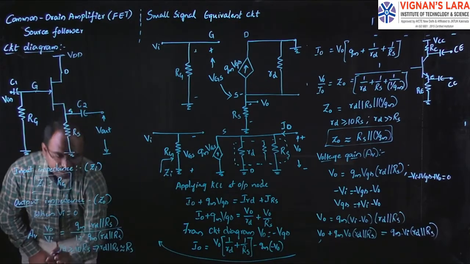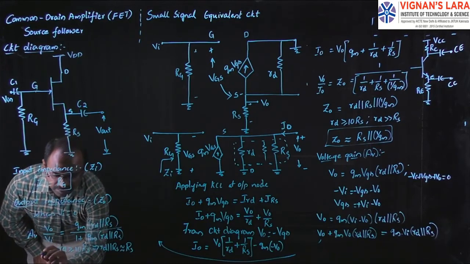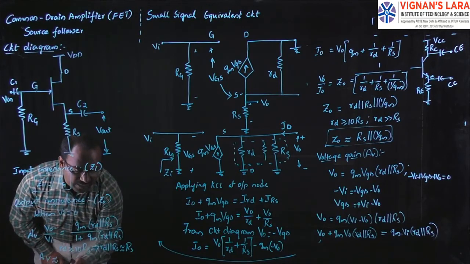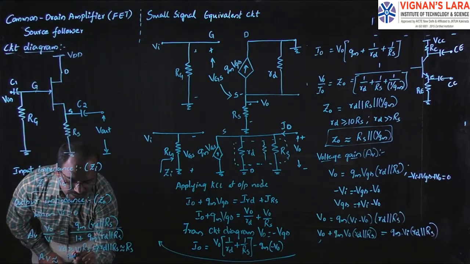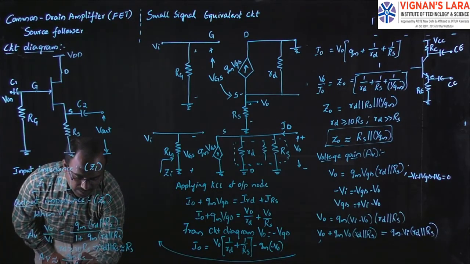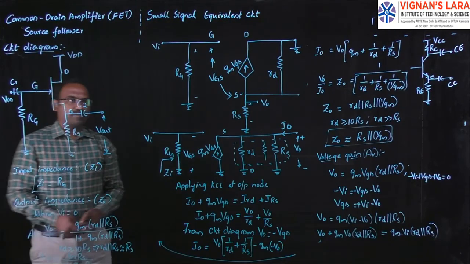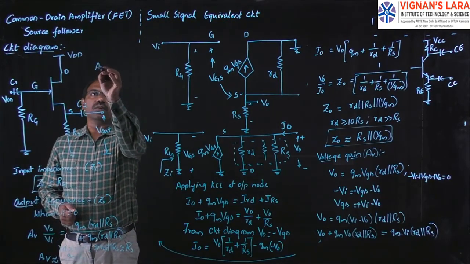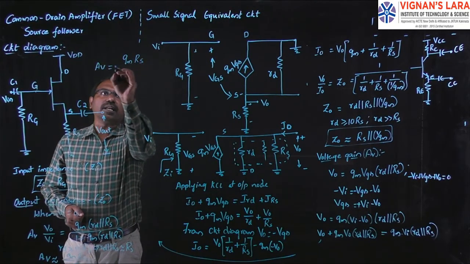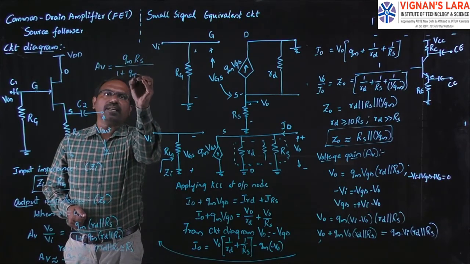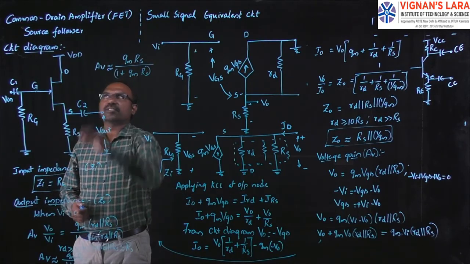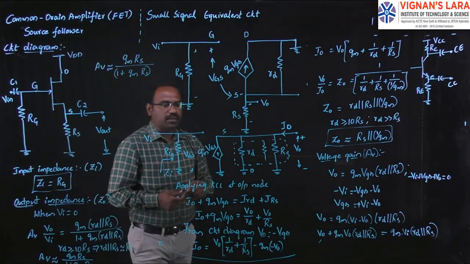So now I can write the voltage gain Av is approximately equal to gm into Rs divided by 1 plus gm Rs. This is the voltage gain expression for the common drain amplifier.